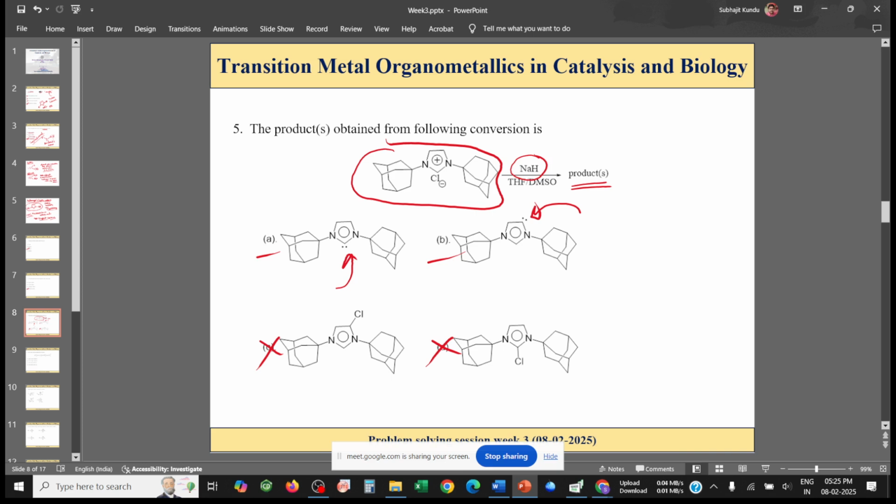Because of the presence of two adjacent nitrogen atoms, here there is one nitrogen adjacent and on the other side is another carbon, so it is not possible to stabilize through the carbon atom. This system will be more stabilized if the carbene is generated on the carbon atom where both nitrogens are adjacent to it.